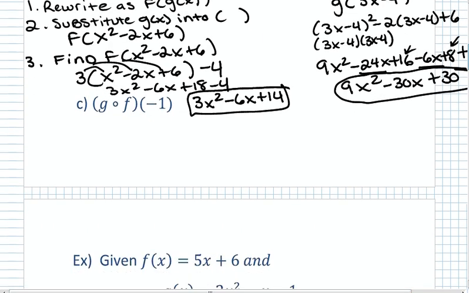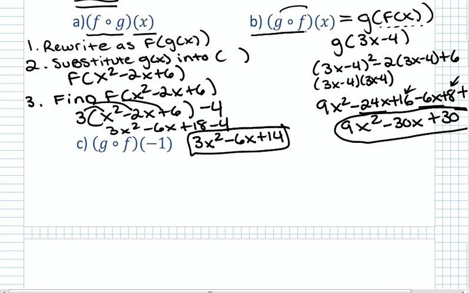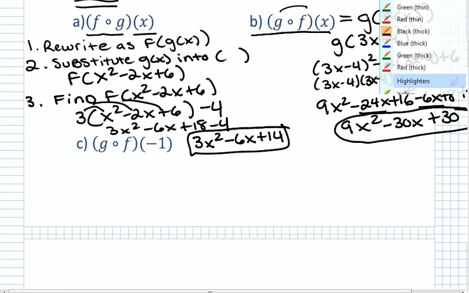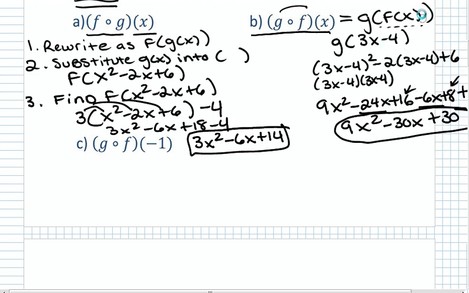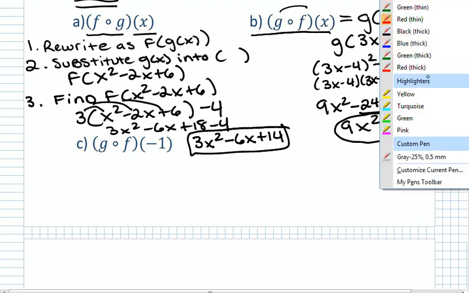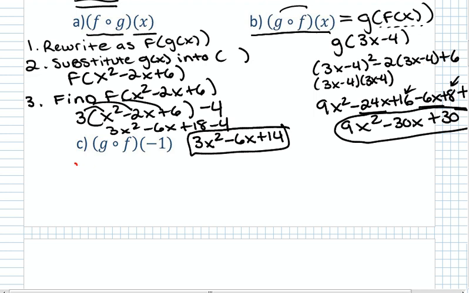Part C, notice in part B you found g of f of x. Part C just asks you to take what you found in part B and substitute in a negative 1.